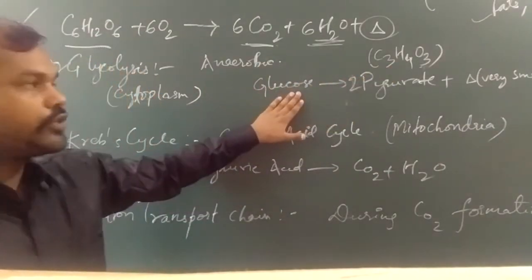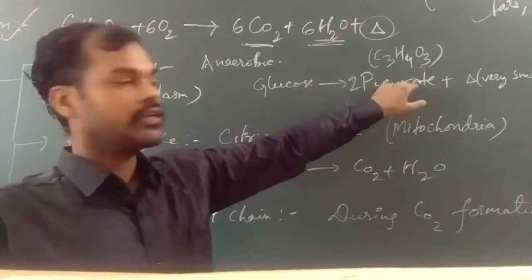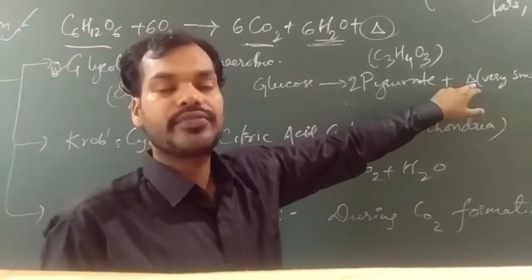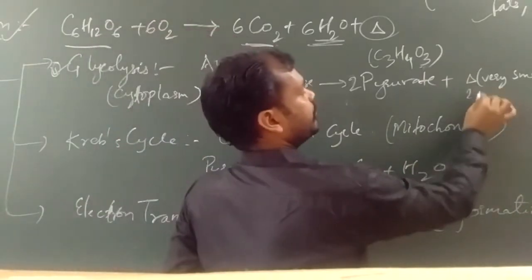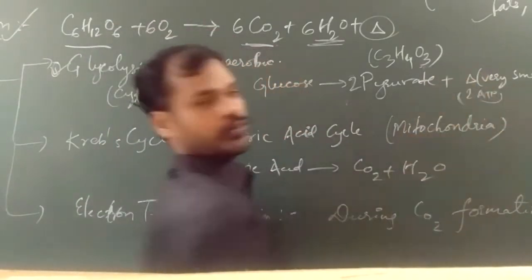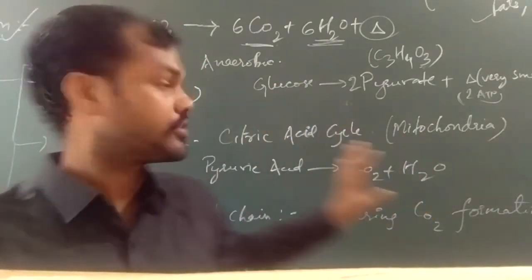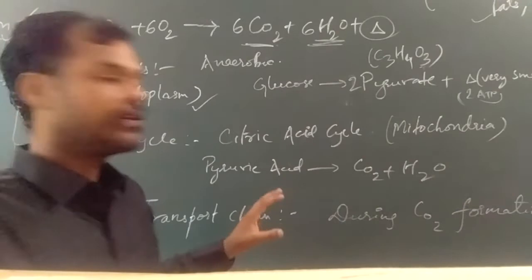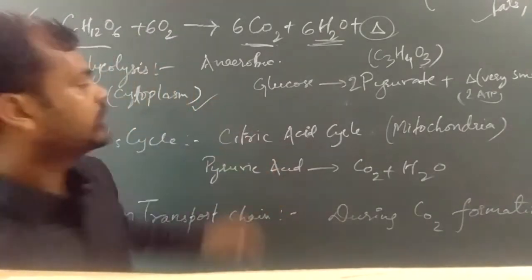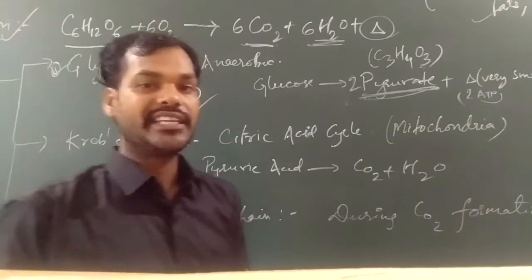Here the glucose molecules are oxidized into two molecules of pyruvate along with the release of a very small amount of energy, so the net ATP you get is only two. Glycolysis takes place in the cytoplasm of the cell, and the end product is pyruvate, or pyruvic acid.